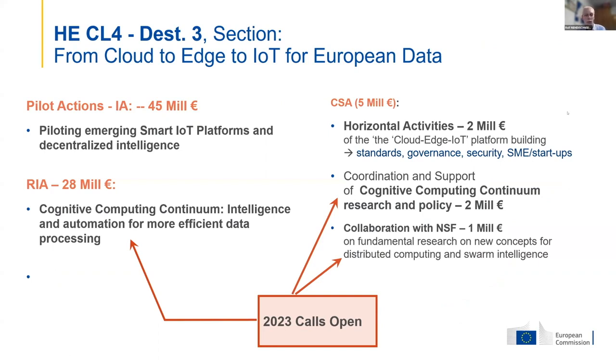We will call for a RIA on open source, and we now call for a RIA on cognitive computing continuum, including two CSAs, one tightly related to the cognitive computing continuum research and innovation policy, and one topic favoring the cooperation with NSF on distributed computing and swarm intelligence. All three which are open right now will be presented in a second. And that was actually my overview.